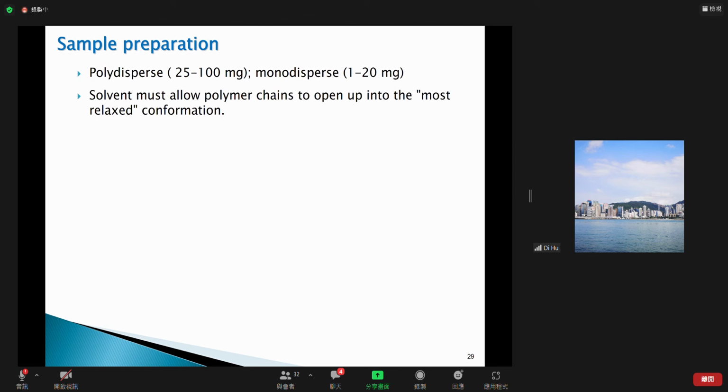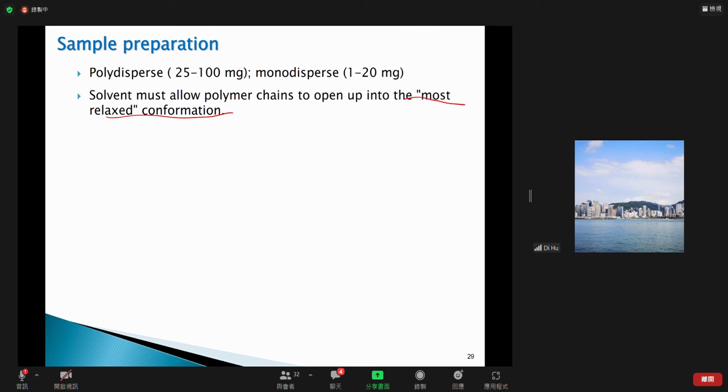For the monodispersed one, it is about 1 to 20 milligrams, for example for protein. Also, the solvent must allow polymer chains to open up in the most relaxed conformation, so that later when you measure, you get less bias. But do not use any denaturing agent. For example, do not use urea, because it is going to transform the protein into a random configuration, reducing the structural difference. So this is something not to do.